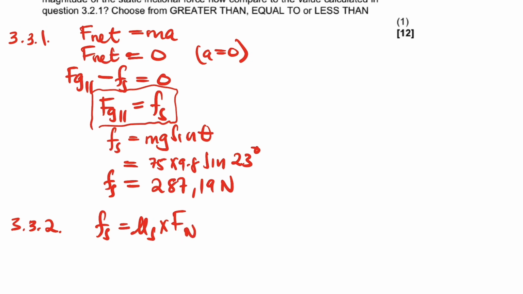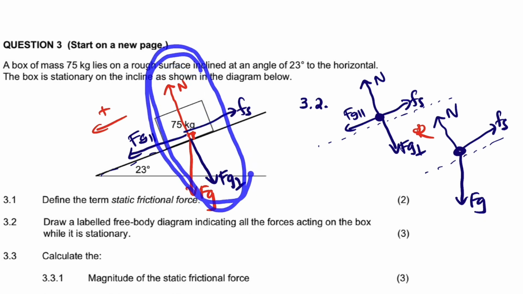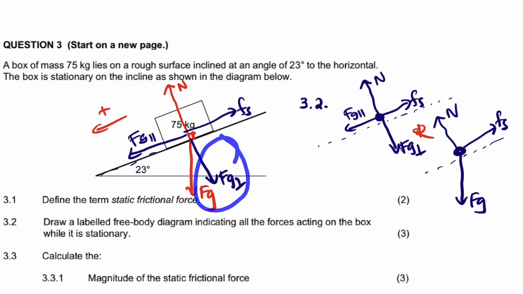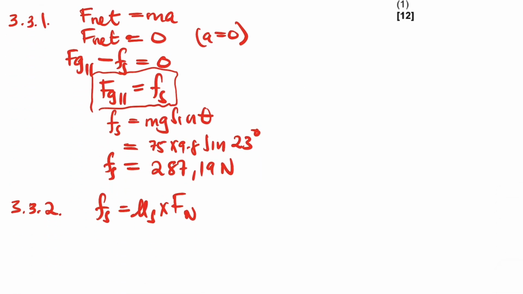Normal force. But now what do you need to understand? The normal force is equivalent to the FG perpendicular because the F net vertically is 0, so that makes these two equivalent. Right, so we're going to have mu s times FG perpendicular.